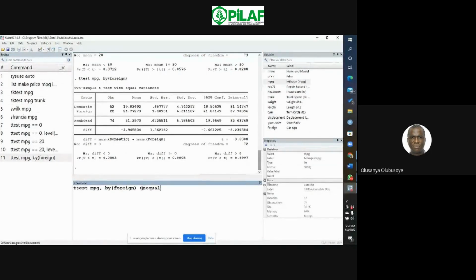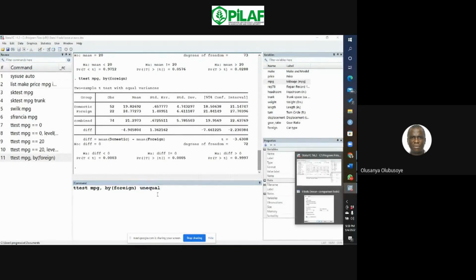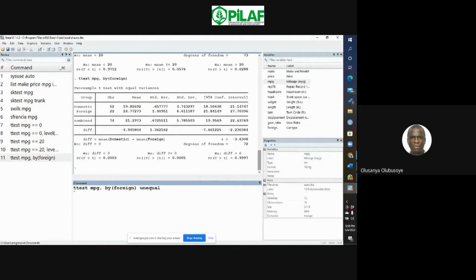So the option in the command window, if you don't want to use the dialog box, you can register the proper command, and this is the command to indicate unequal variances. Nothing has really changed, even with the option of unequal variances.